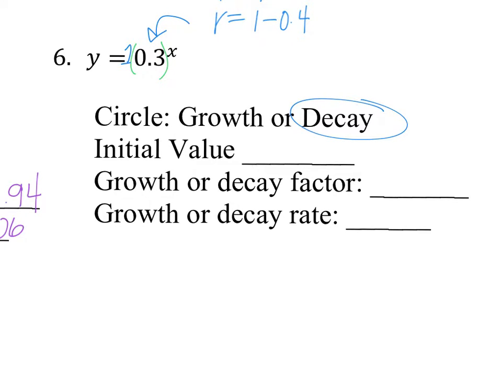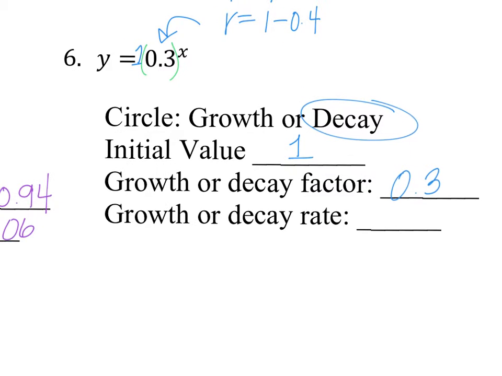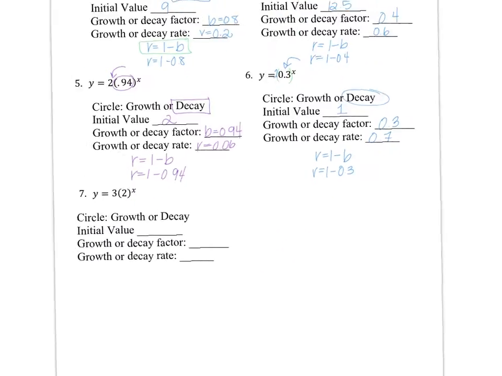My initial value, since I didn't see anything, is going to be 1, and my decay factor is going to be 0.3. When I want to find the decay rate, since it is decay, I have to use the formula R equals 1 minus B. So R equals 1 minus 0.3, which equals 0.7 as my decay rate.